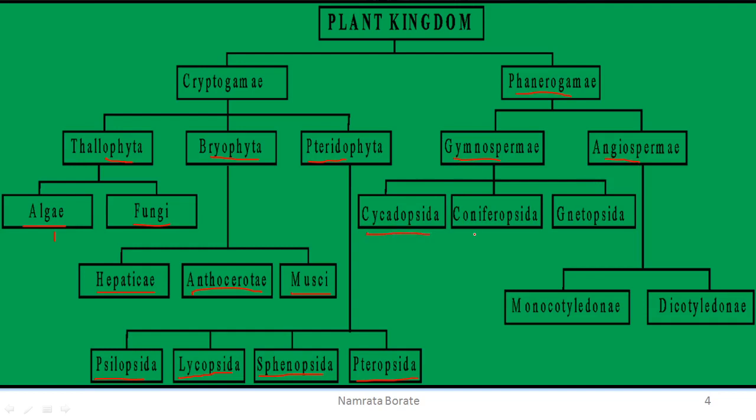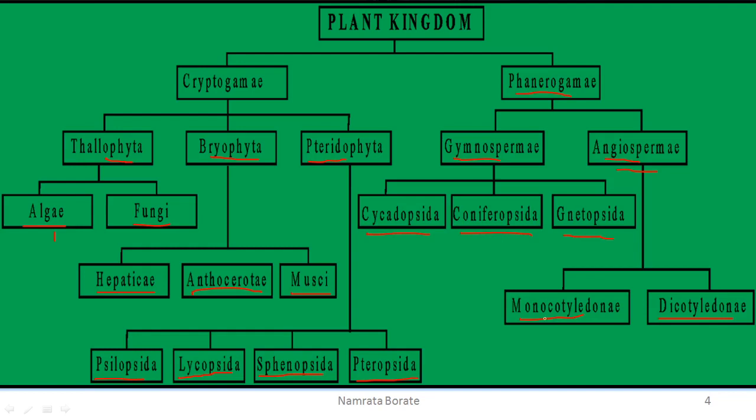First one is Cycadopsida, second one is Coniferopsida, and the third one is Gnetopsida. Angiosperms are further classified into two classes. First one is Monocotyledonae, and the second one is Dicotyledonae.